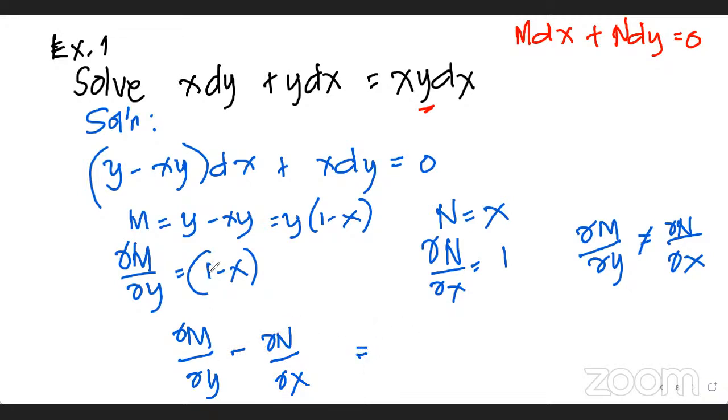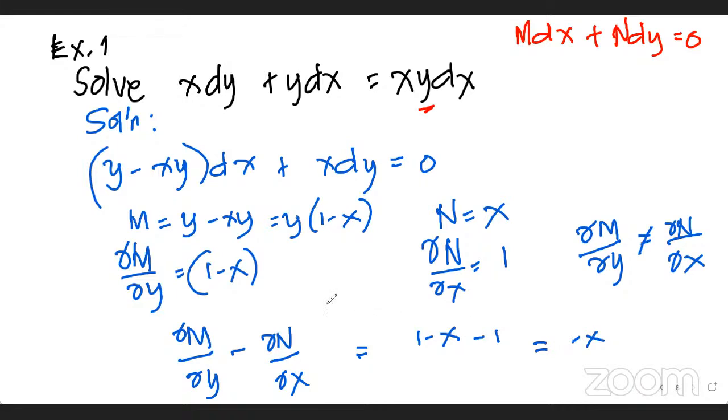So, here, 1 minus x siya. Yung partial of n naman with respect to x is 1. So, minus 1. What's the result? So, 1 minus x minus 1, negative x. Okay? Negative x yung ating result, yung difference.